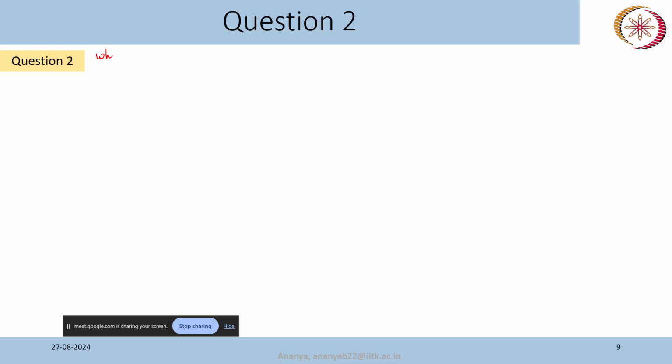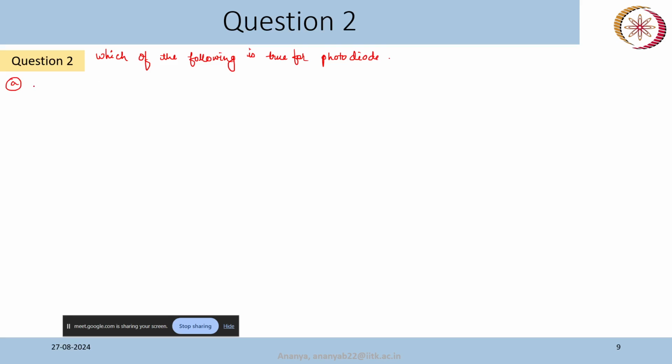Question 2 is, which of the following is true for photodiode?